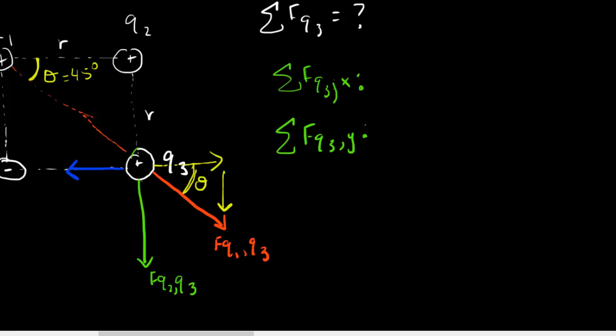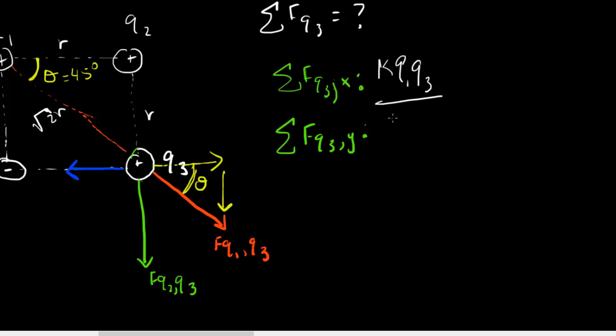In the x direction, we have the force between q1 and q3. The x component of that force is going to be k times q1 times q3 divided by, okay, we need this distance. What is this distance? It's square root of 2 times r, right? Because this side is r, this side is r. When you do Pythagorean, you're going to get square root of 2 times r.